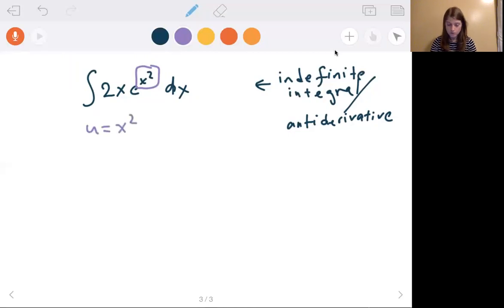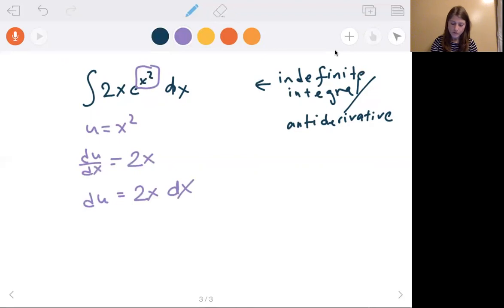So we've got u equals x squared, du dx equals 2x. So du equals 2x dx. In other words, if I want to change these variables out, my du and dx are not equivalent, and there's more to it than just a constant multiplication.